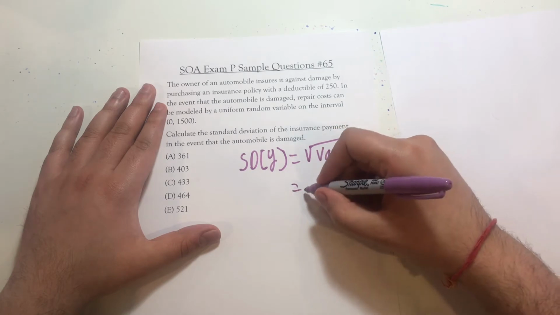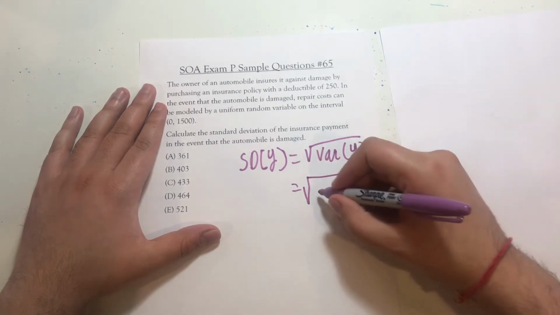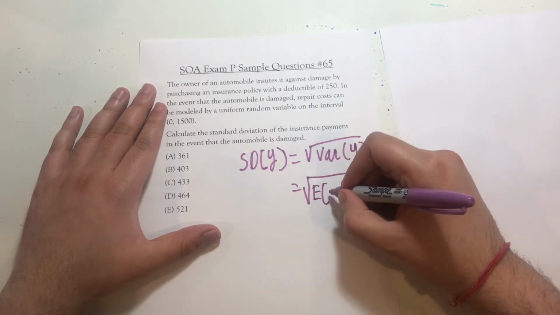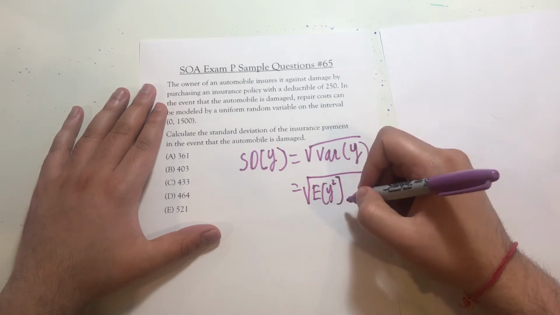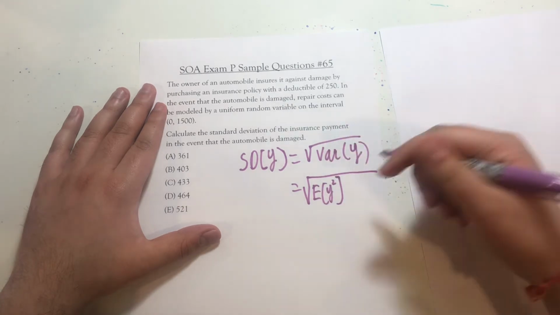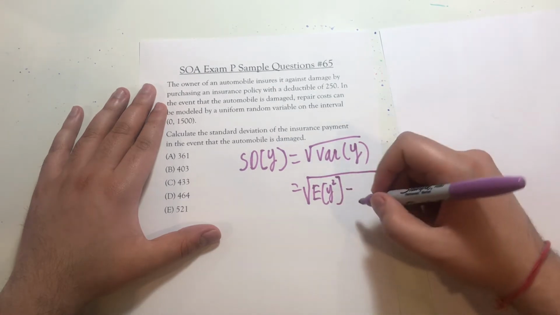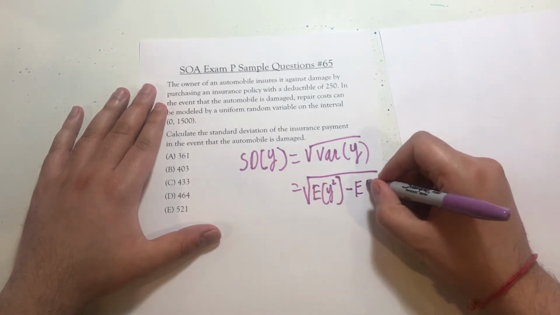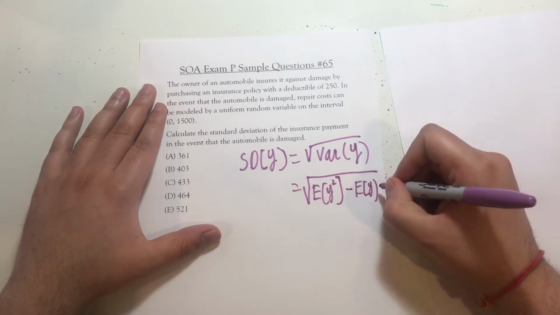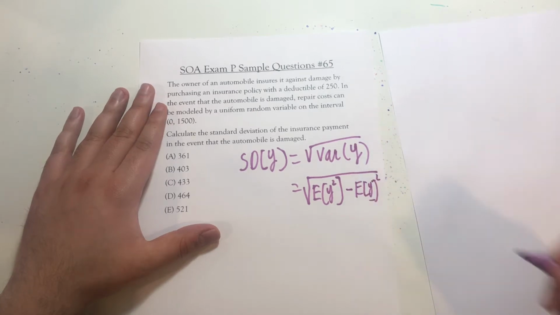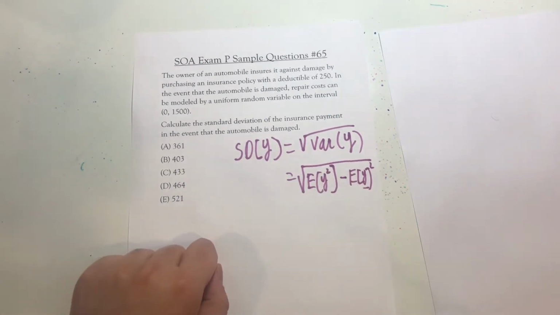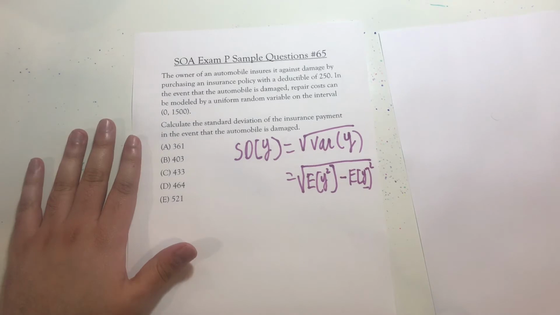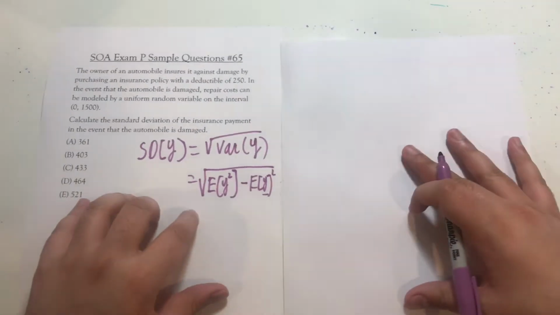And of course, we should all know the variance is equal to the expected value of the second moment of y, which is the expected value of y squared, minus the first moment, the expected value of y, squared. So ultimately, we just need to find the first and second moment of y, and we will have our answer.